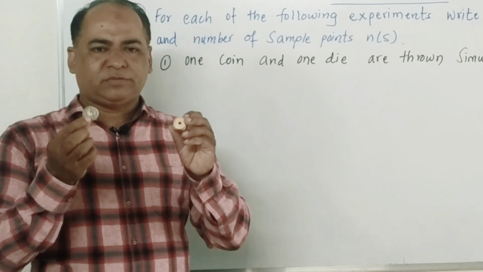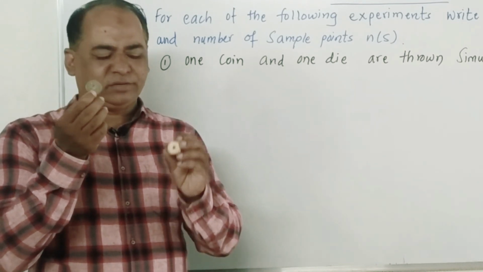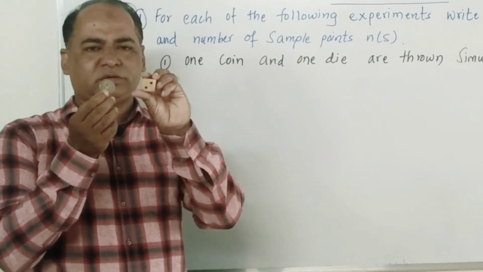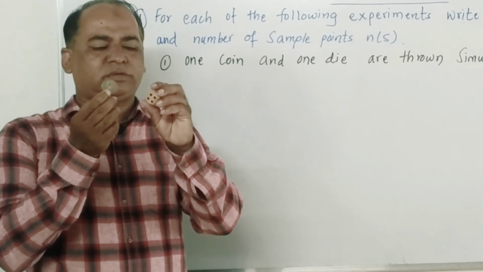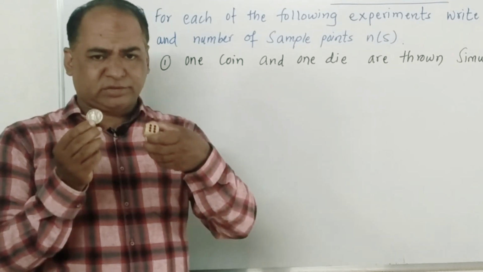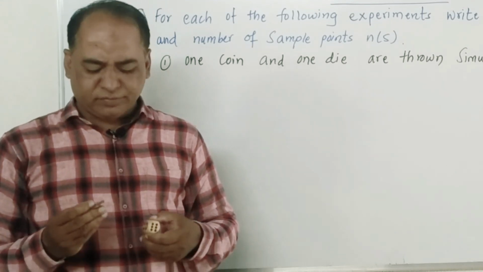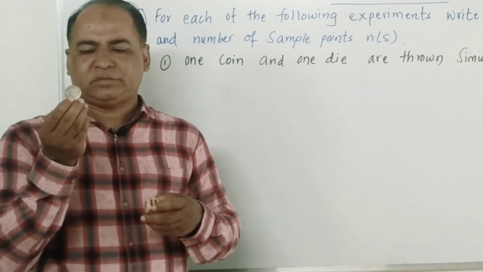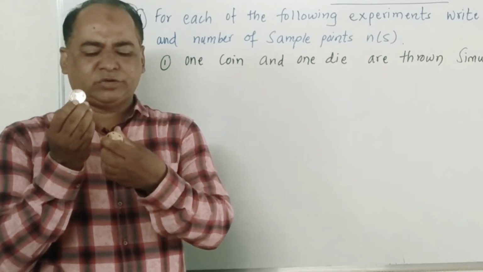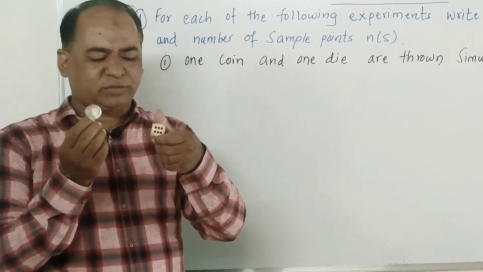So first we will fix the outcome of the coin, that is head, and head 1, then head 2, head 3, and so on, head 6. So total 6 outcomes with the head. Similarly, then tail, the second outcome of the coin, tail 1, tail 2, and so on, tail 6, total 6 outcomes.